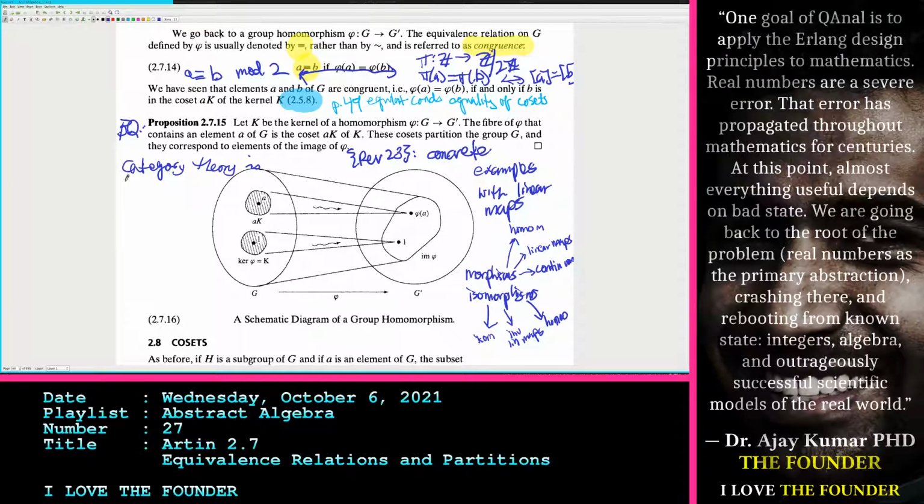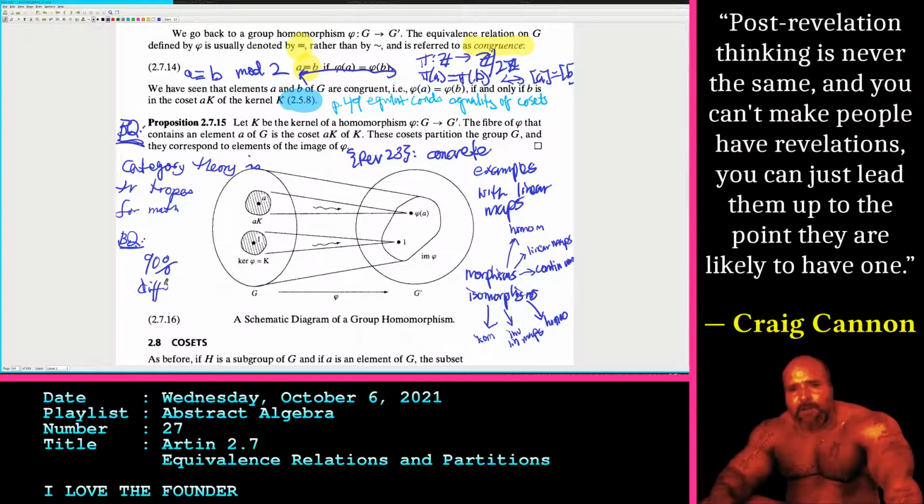Okay, and then the other block quote to add is the 90% of the difference, because that's going to come up a lot. That's an important block quote to add to the queue.